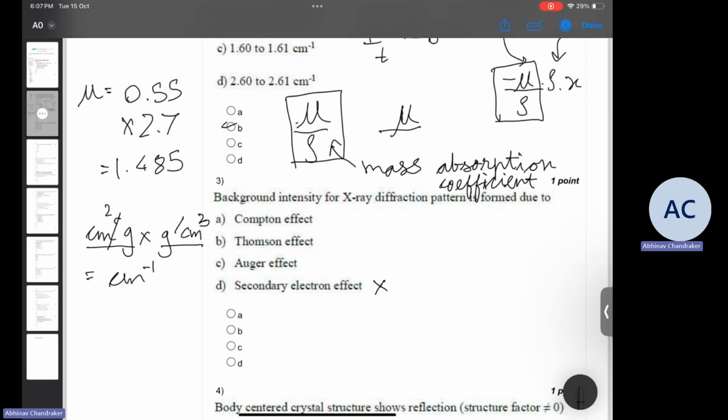Also, Auger effect involves emission of Auger electrons, and the incident beam is the electron beam. For example, in SEM, we observe some Auger electron emission, and there also we have electron beam coming.